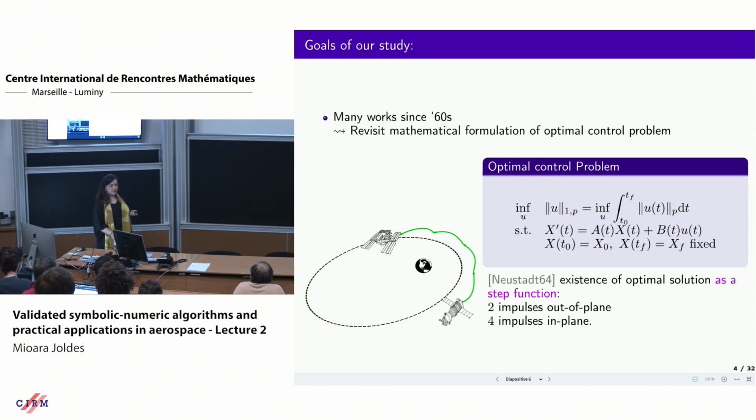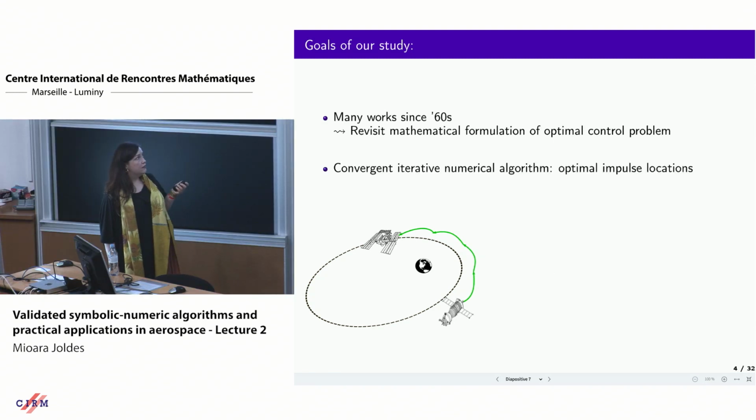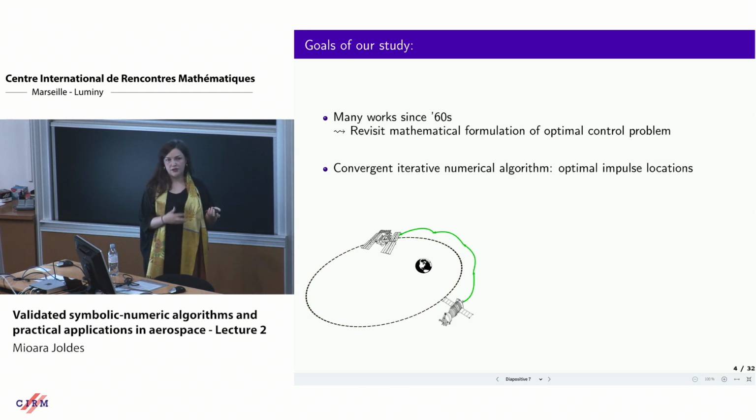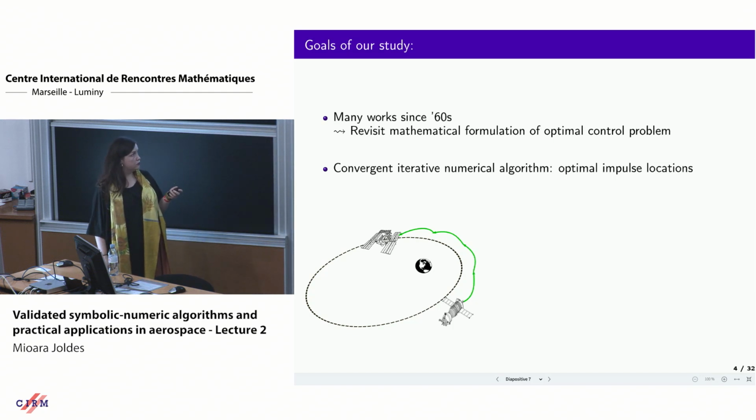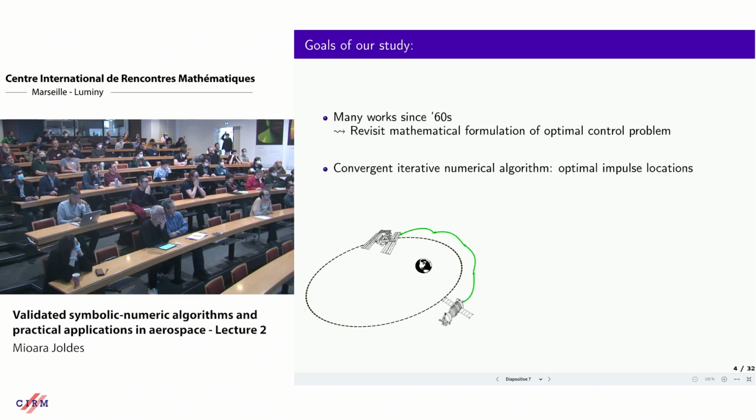So we have an a priori bound on the number of times that the thrusters should be fired in order to reach the final state. So with this theoretical result, we can then design iterative numerical algorithms that will allow us to find the exact times where the chaser should fire its engines in order to reach the target.